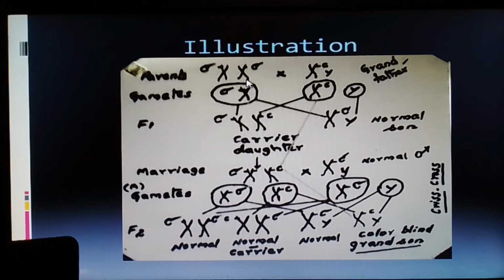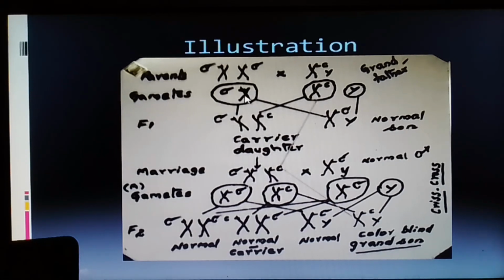Now the gametes are formed. From the female there will be formed a gamete. You can assume the autosomes come automatically along with one X, because the gametes will carry only the haploid set of chromosomes.